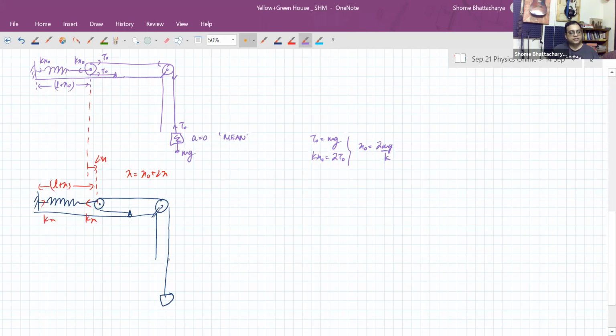So we'll also understand that with respect to the equilibrium position, this would have got a downward displacement s of how much? Tell me how much s should be in terms of delta x.